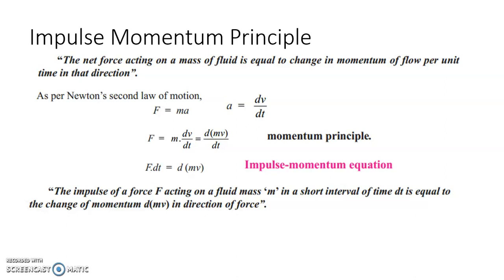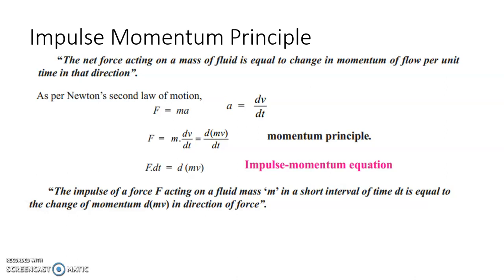F into dt is equal to the change in momentum, and this equation is called the impulse momentum equation. According to this equation, the impulse momentum principle can also be rewritten as: the impulse of a force F acting on a fluid mass m in a short interval of time dt is equal to the change of momentum in the direction of force. The direction of force and the direction of momentum are one and the same.